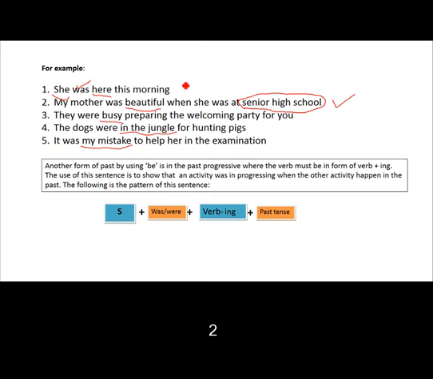So this is adverb, this one adjective, this one also adjective, this one again adverb, and the last one is noun.